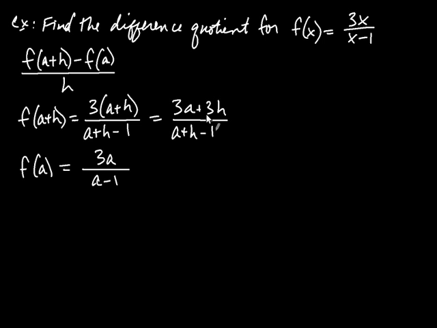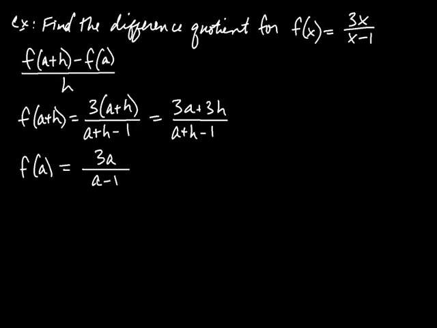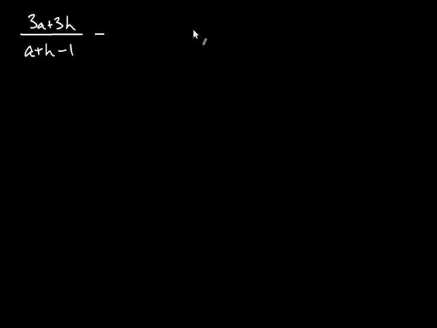It's going to be 3a plus 3h over a plus h minus 1, take away f of a, which is 3a over a minus 1, and then all divided by h.